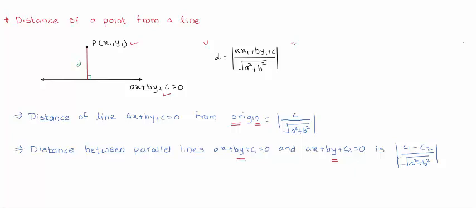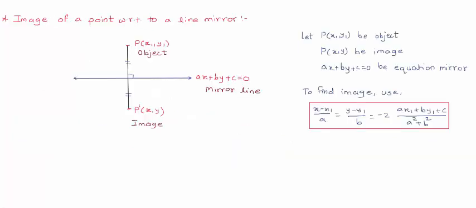Okay students, the next concept is the image of a point with respect to a line mirror. So look at the diagram. There is a line mirror given as ax plus by plus c equals 0. So this line is acting as a mirror.